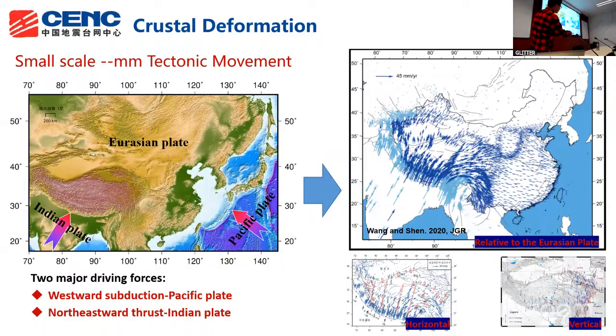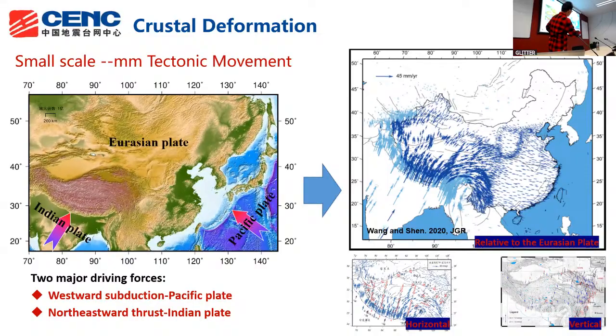So this picture shows the horizontal velocity field of crustal movement in China relative to the Eurasian plate. The Euler vector is around here in Northern Europe.